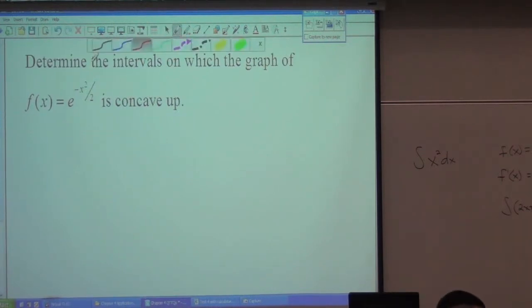So instead, let's remember the intervals in which the graph is concave up, and let's find points of inflection.